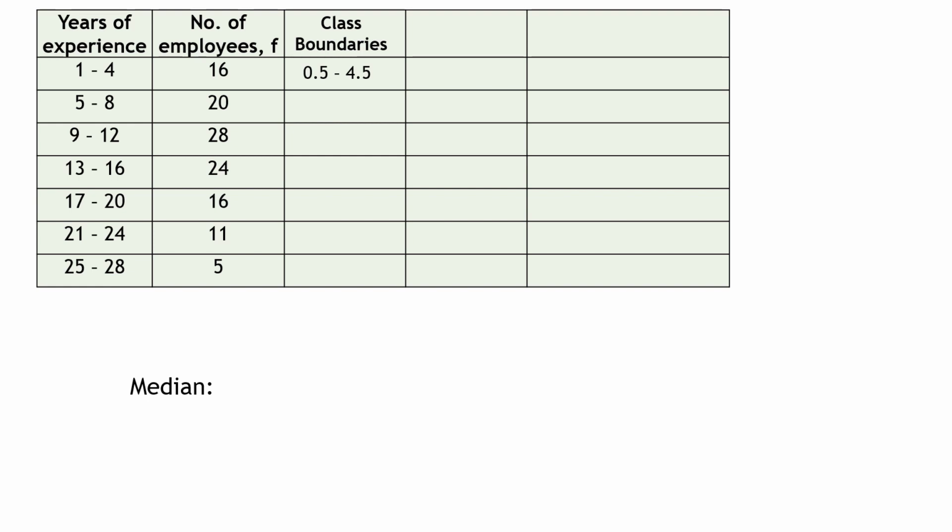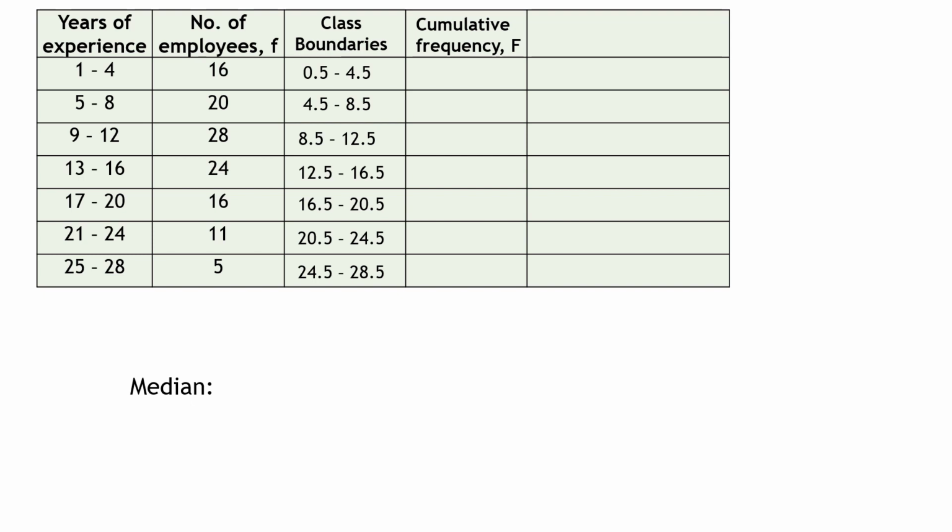And the second one, 4.5 to 8.5, 8.5 to 12.5, 12.5 to 16.5, 16.5 to 20.5, 20.5 to 24.5, and the last one, 24.5 to 28.5.